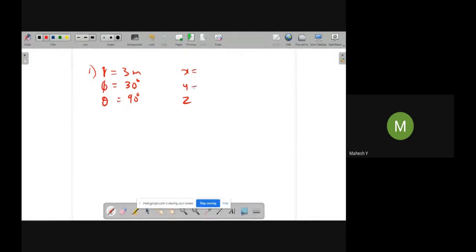So what's the value you got for x? r sin theta cos phi.